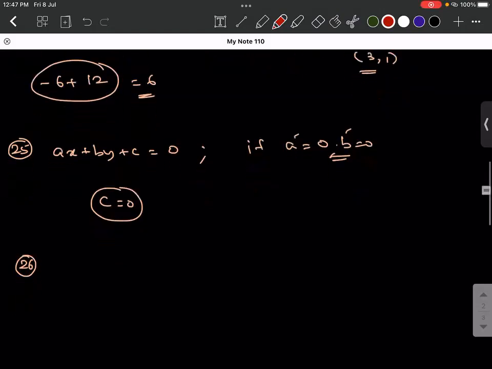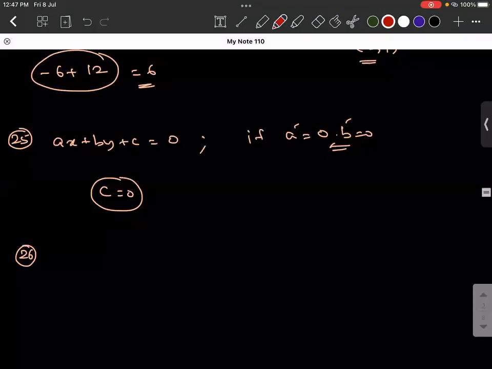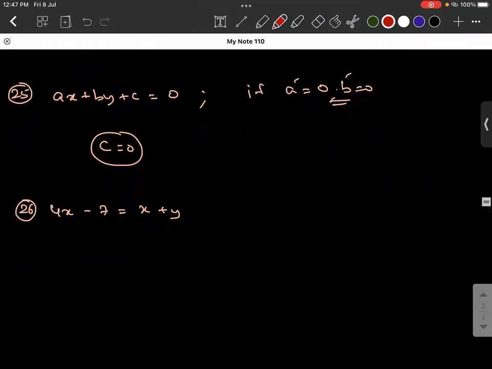Twenty-six. What is the question? x plus 5. Only one, because it's a linear equation in one variable. That's the answer. So 3x is equal to 12, which implies x is equal to 4.